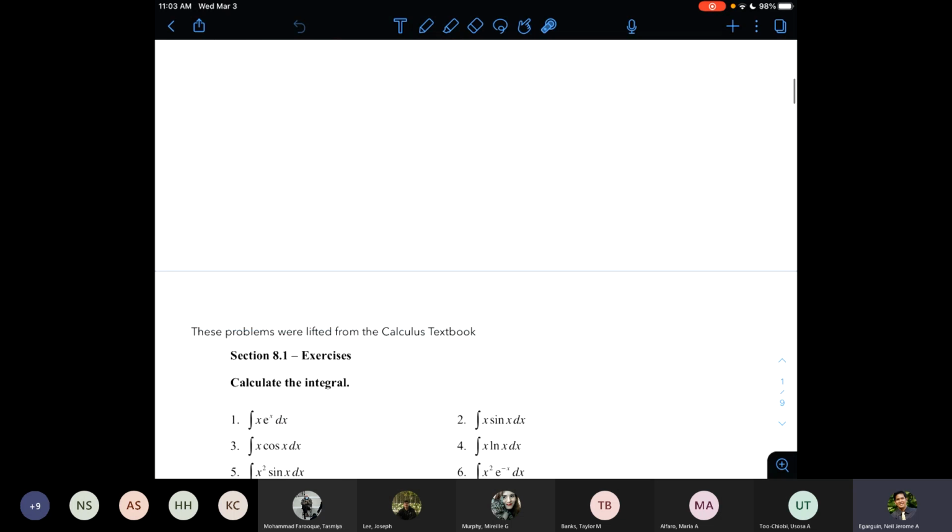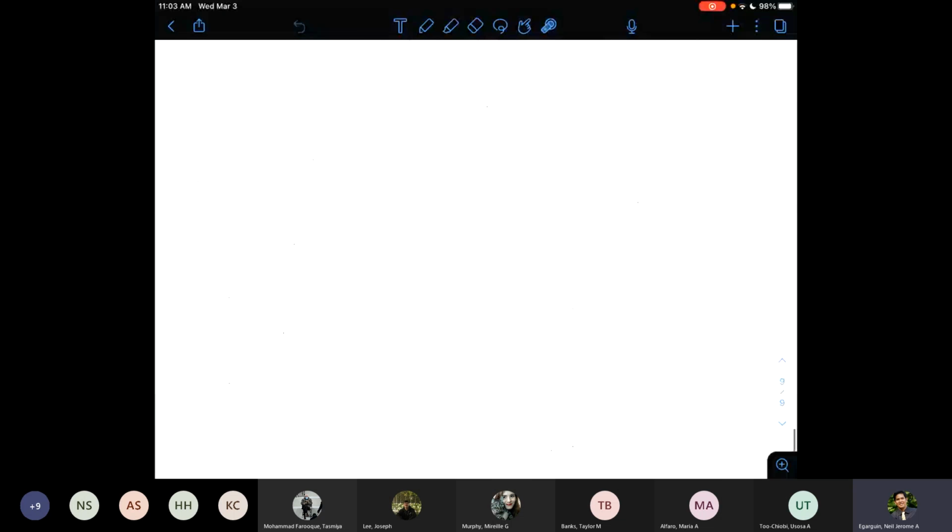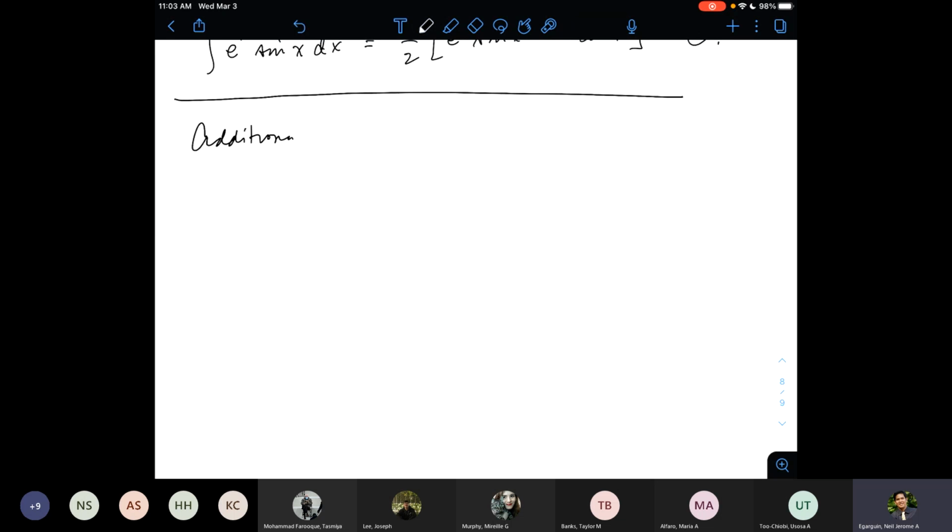So let me go over the questions that were sent earlier to wrap up integration by parts. I labeled them additional problems so that the numbering here doesn't correspond to the questions in the worksheet.